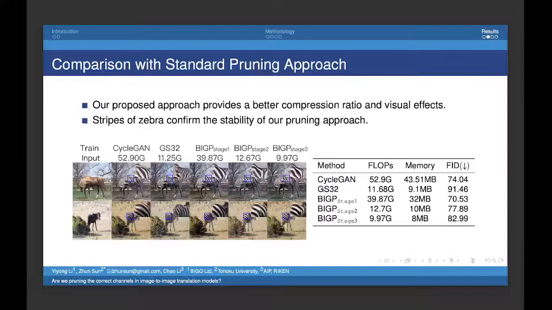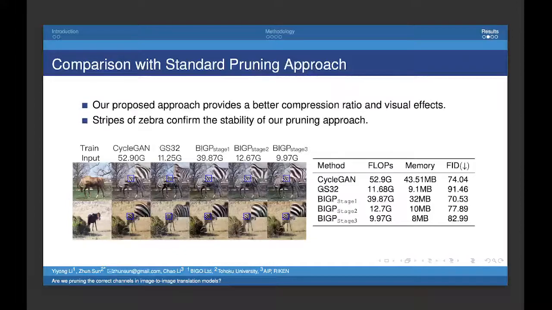Next we will show you the actual qualitative results of our method compared to the reference model. One interesting observation is, as you can see, the stripes of the zebra.